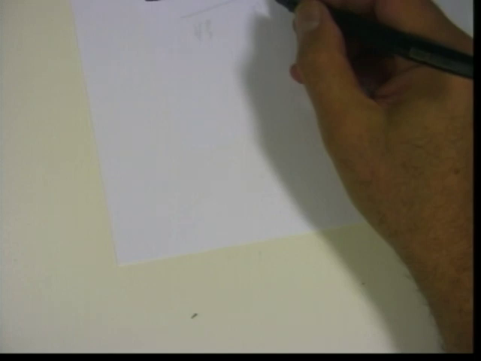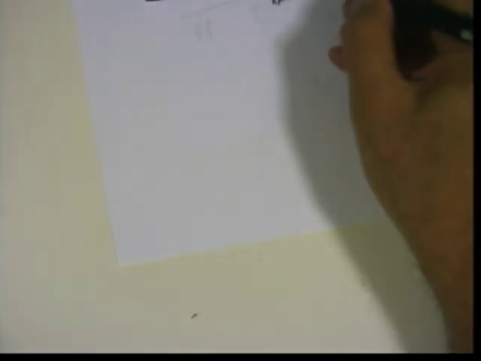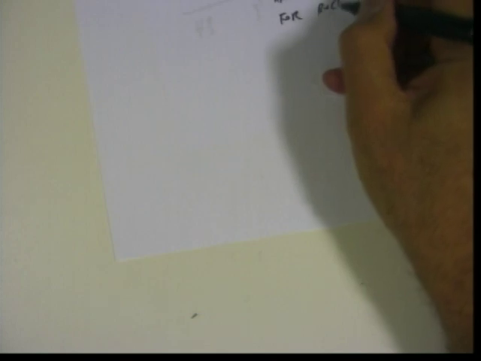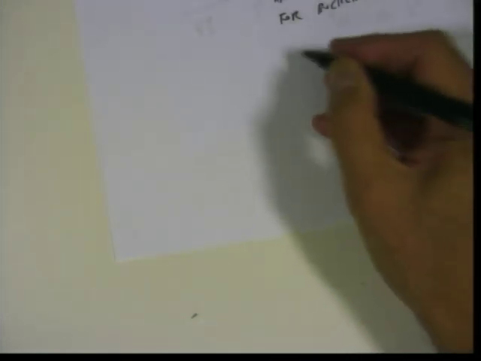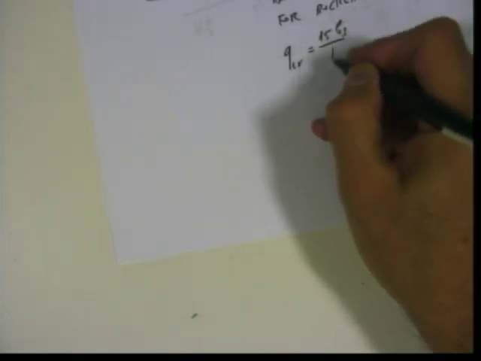Some rational expression, first of all. Rational expression for the buckling load. Okay, Q critical equals 15 b3 over L cubed.